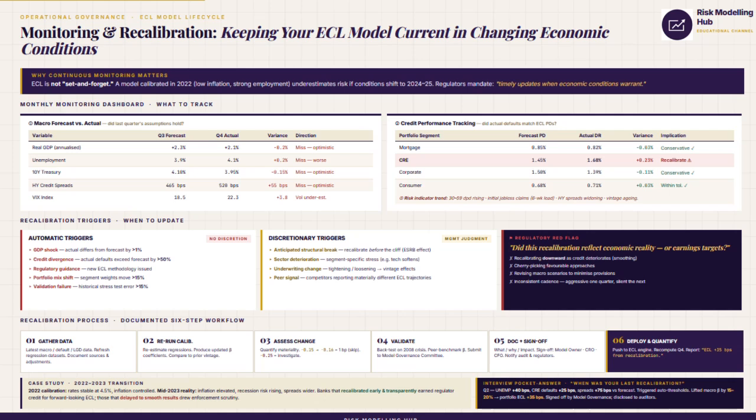Last and the most important, once everything is done, you deploy and quantify. You push to ECL engine and recompute the next quarter or the quarter 4 report, and where you mention how much the basis points has been increased from the recalibration, increase or decrease. The purpose is to increase, but what exactly you are reporting, you should document it from the last stage, from the deployment stage.